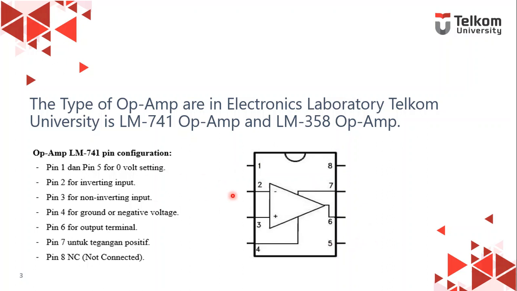The second pin is for inverting input. The third pin is for non-inverting input. The fourth pin is for ground or negative voltage. The sixth pin is for output terminal. The seventh pin is for positive voltage. And the eighth pin is for NC or not connected.